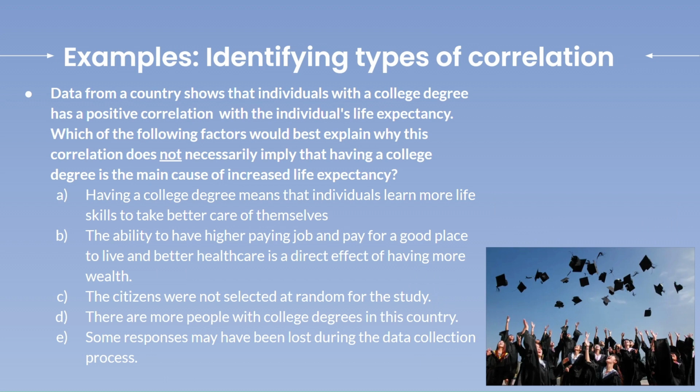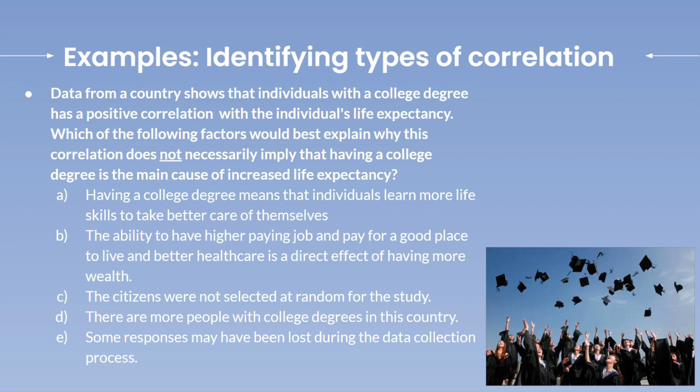In this example, we see that data from one country shows that individuals with a college degree have a positive correlation with the individual's life expectancy. And now we know that having a college degree does not cause life expectancy to go up, but we have to think about which of the following factors would explain why this would not imply that.